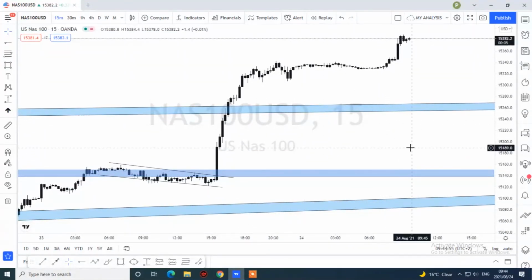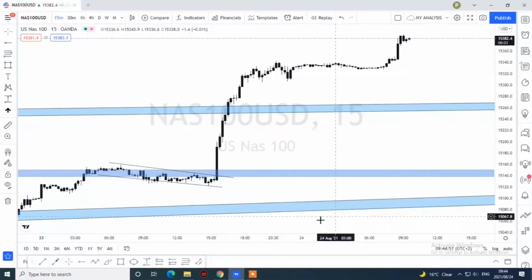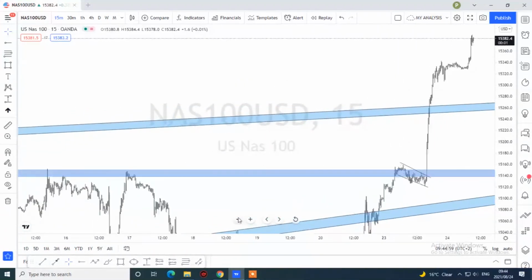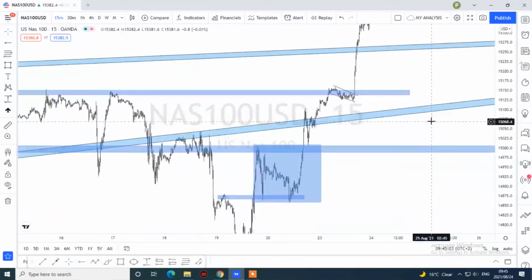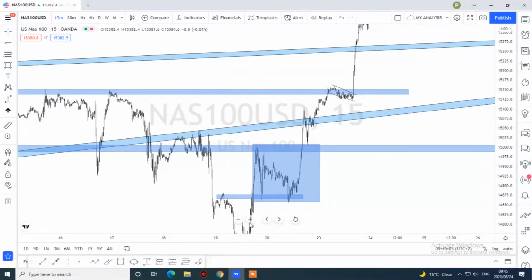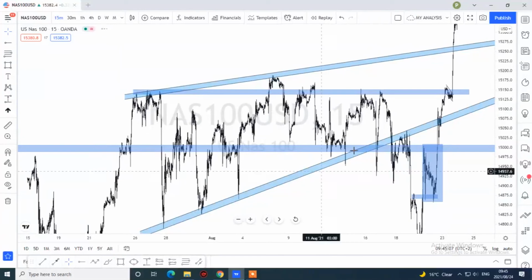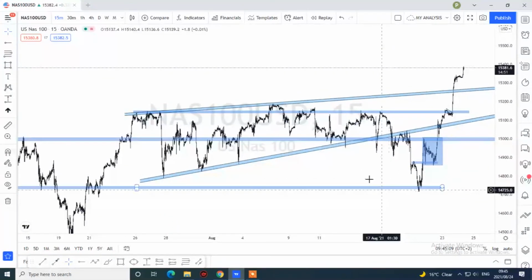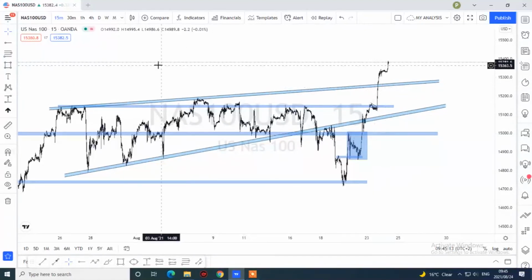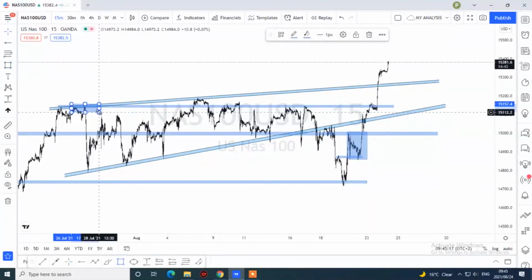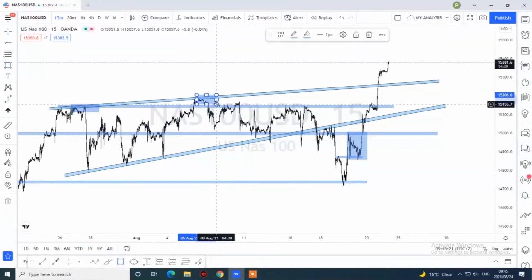So yeah, guys, what's happening here is that the market has broken this structure. So we're expecting, let me just zoom this out again, we're expecting the market to shoot up and then come back and respect this here, to continue with the trend.